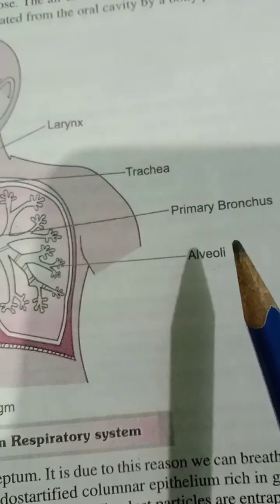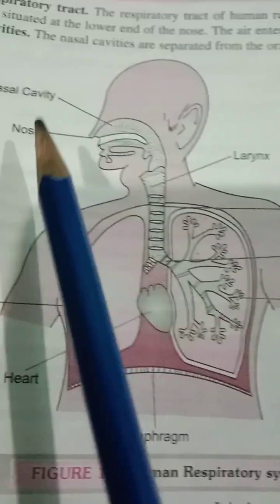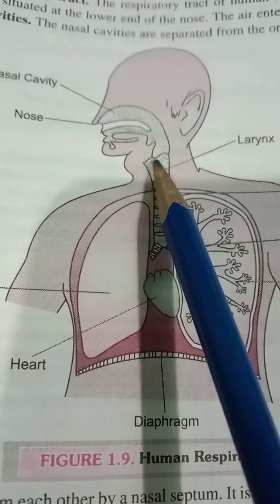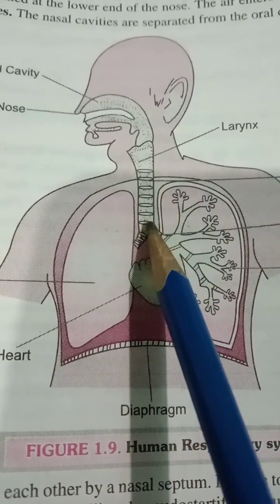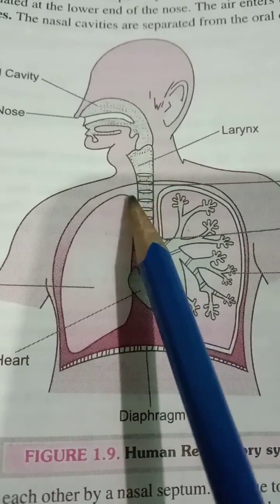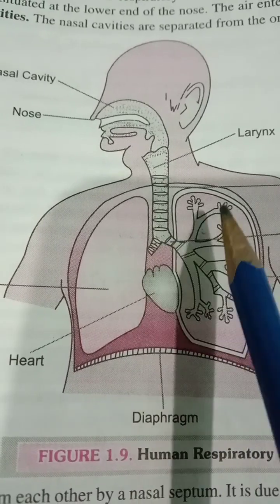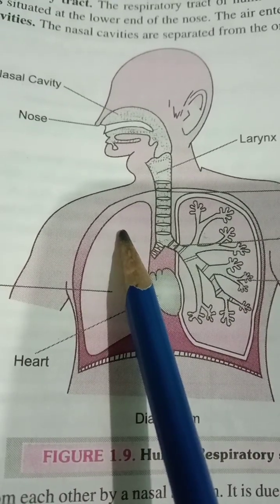It consists of blood capillaries around. Again, I am describing the structure. You have the nose, going up to the nasal cavity, pharynx, larynx, trachea, which is surrounded by rings of cartilage for smooth movement of the air passage. Then you have two lungs. The right lung is bigger than the left.